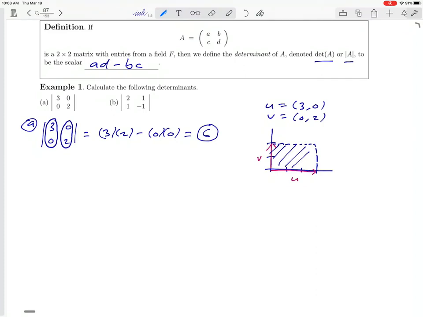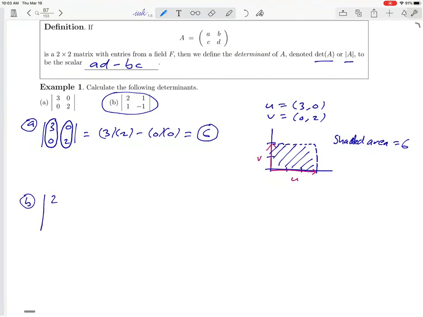notice that the number 6 that we got is just the area of that rectangle. That's a 3 by 2 rectangle that we just drew. Okay, so the shaded area actually equals our determinant. Okay, let's take a look at the second matrix in part B and see if we can calculate its determinant.